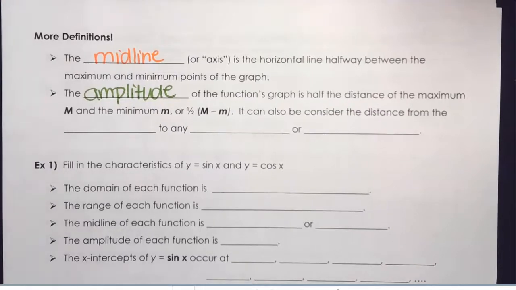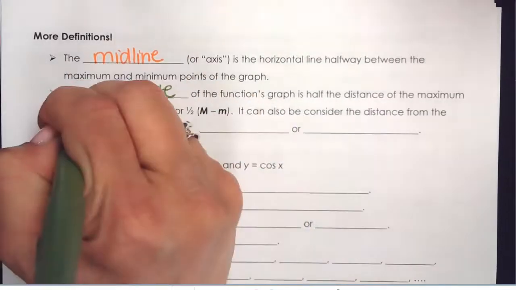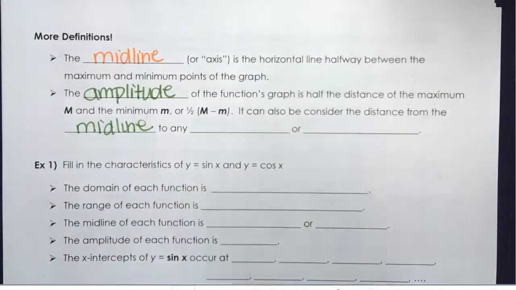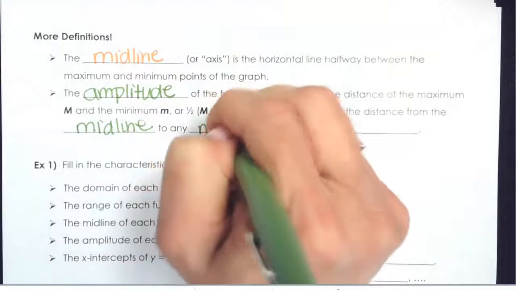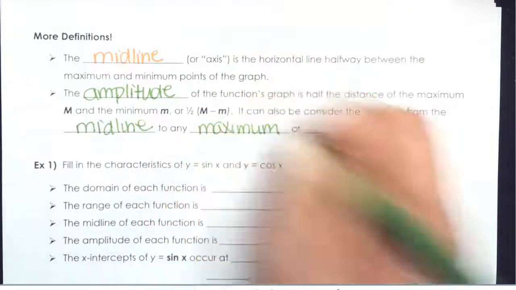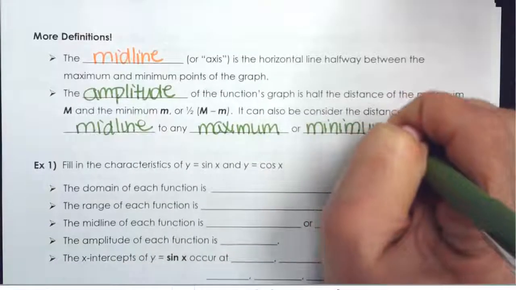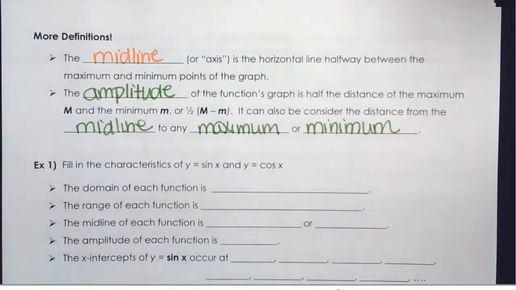You can also consider it the distance from the midline to any maximum or minimum. And we'll talk about what the amplitude of these graphs is in just a second.